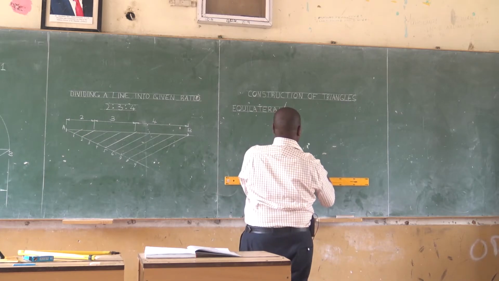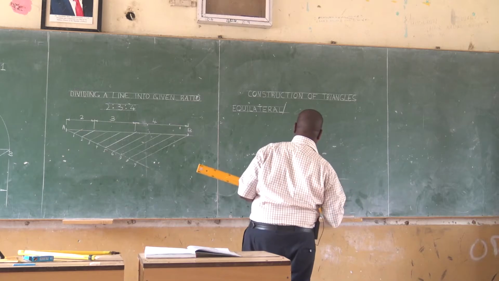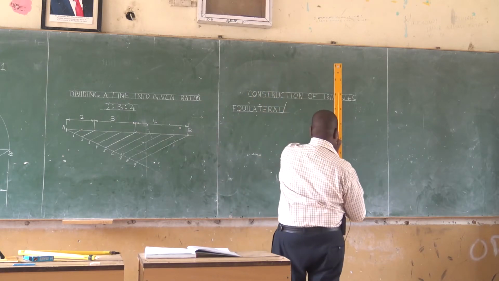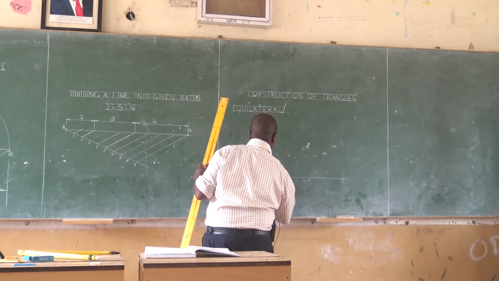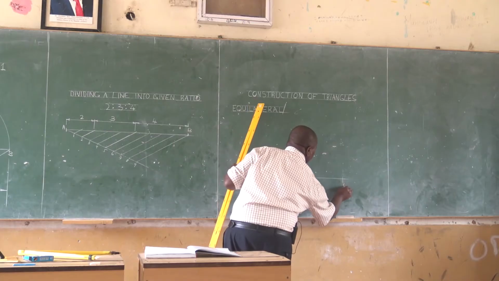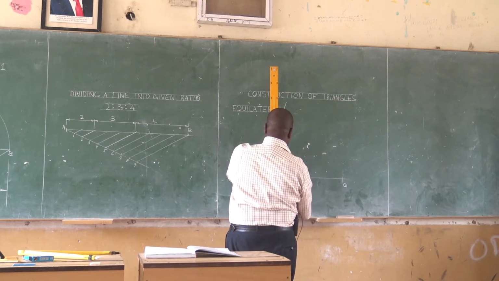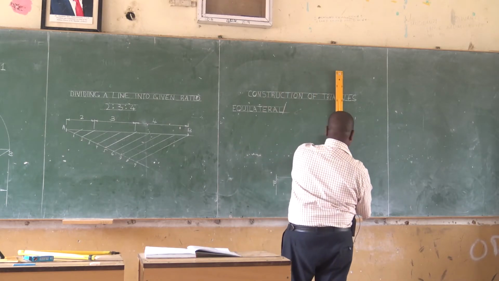Given a side, for this case, we are given side AB, or let's say side PQ, and the length of that PQ is 70 millimeters.